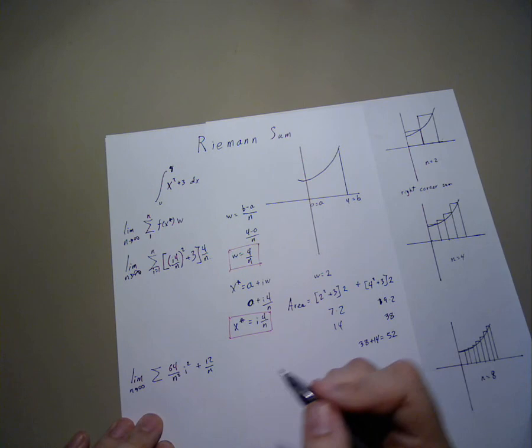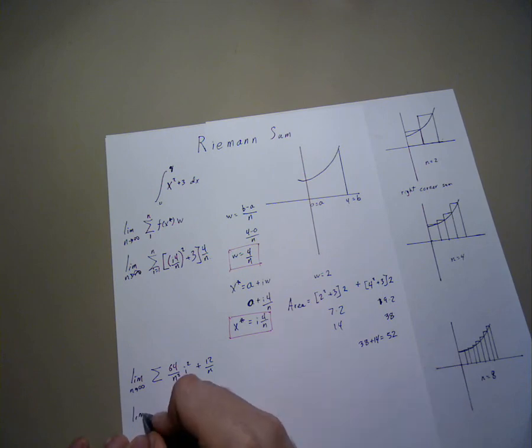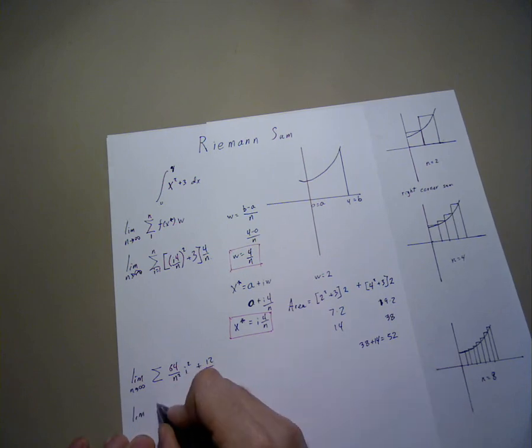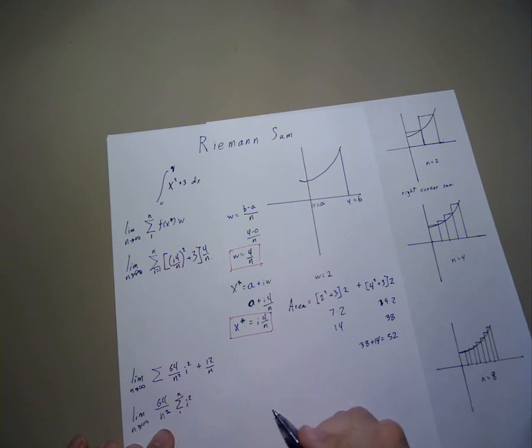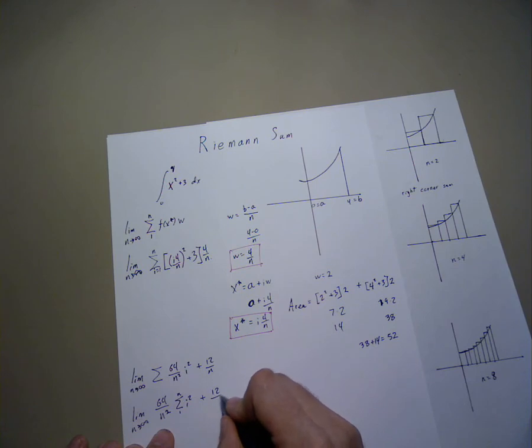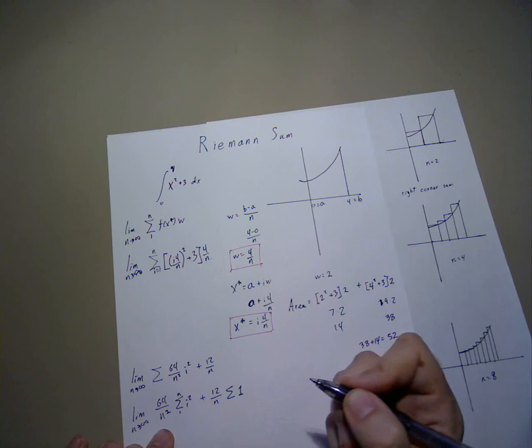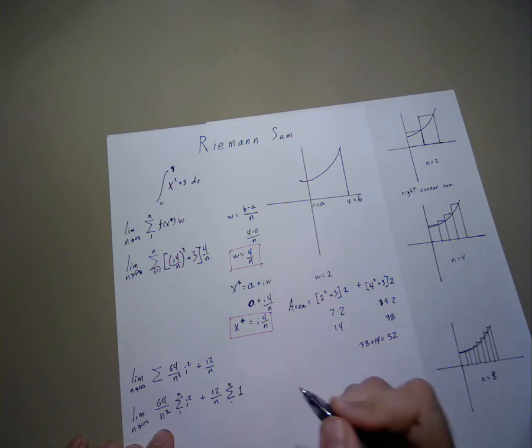We can simplify this by writing the limit of 64 over n squared, summation of i squared, from i equals 1 to n, plus 12 over n, summation simply of 1, from 1 to n.